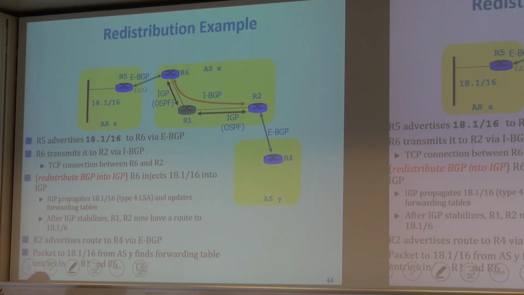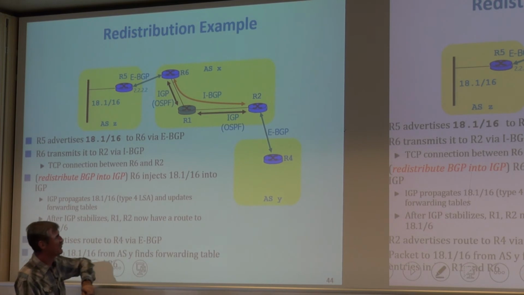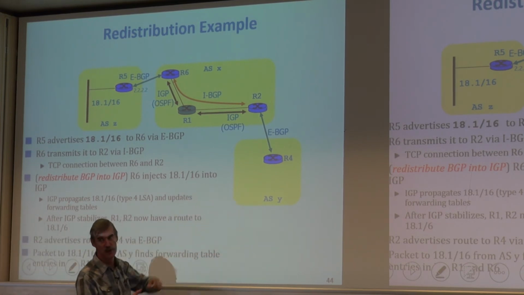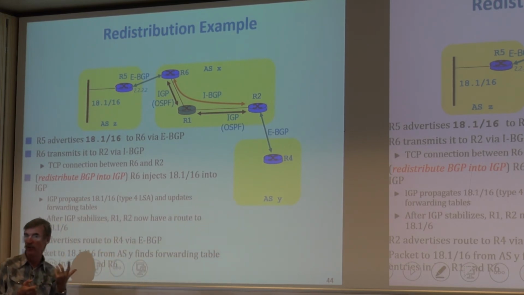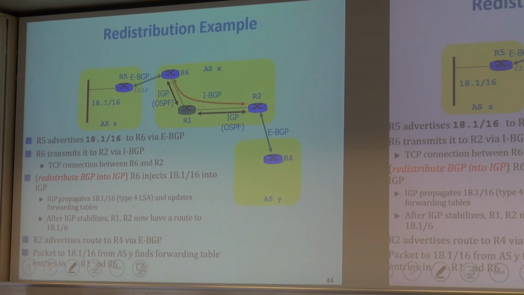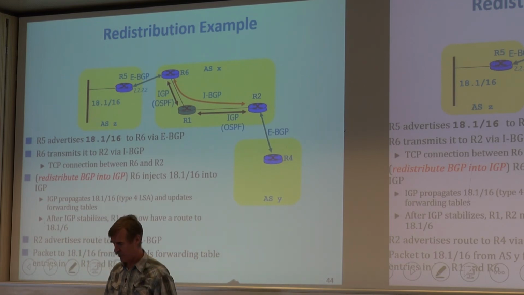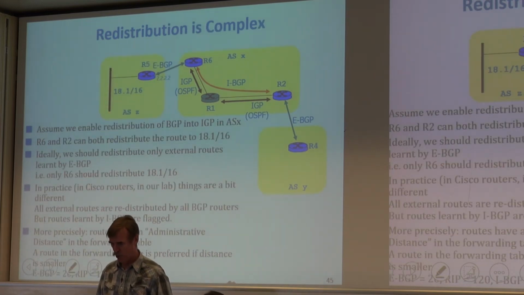So when a packet comes from R4 to this destination, when it reaches R2, R2 knows that in order to reach the destination to R6, it knows the shortest path, because through OSPF routing, it knows that it has to go to R1, R1 knows that it has to go to R6, and R6 knows it has to go to its interface 2222. Okay. So that's the perfect world.